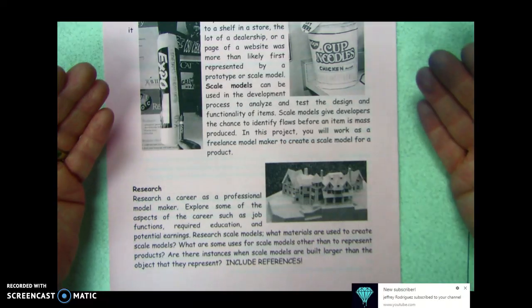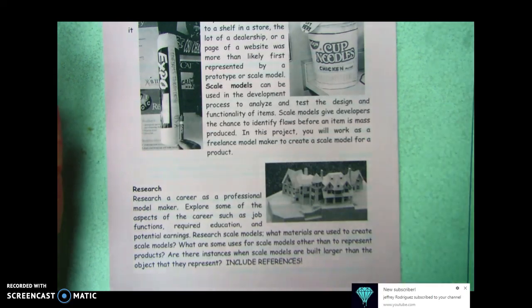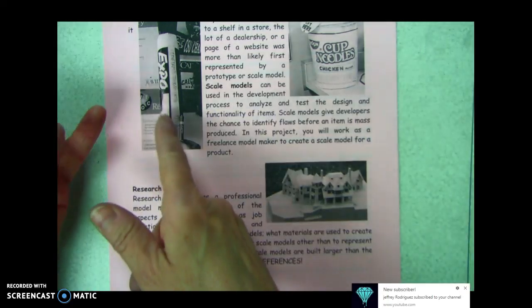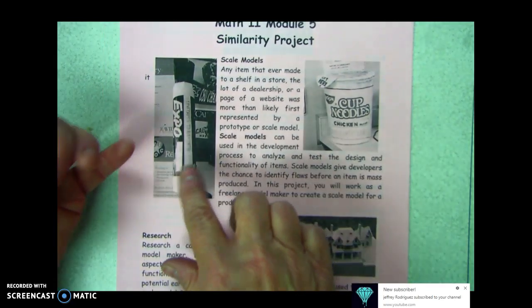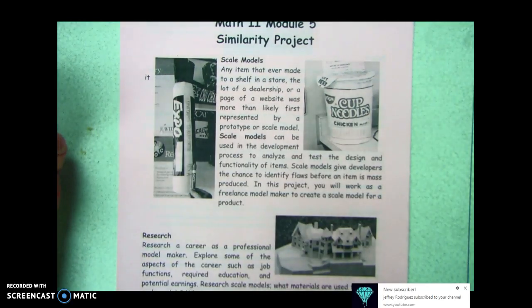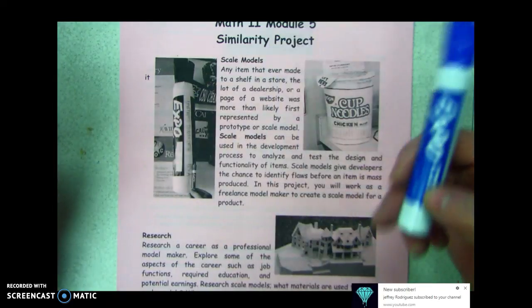That's what we're talking about. We are going to be creating a larger model of the object. So you're seeing here the Expo pen, which many of you have seen hanging from my ceiling by my desk. You can see that's about 10 times. I don't even think it's 10 times.